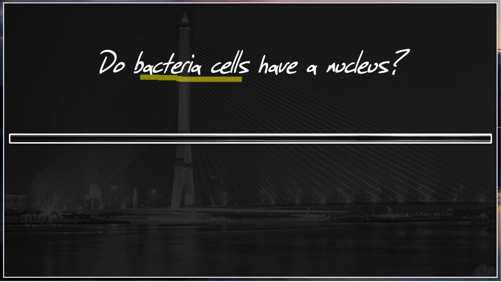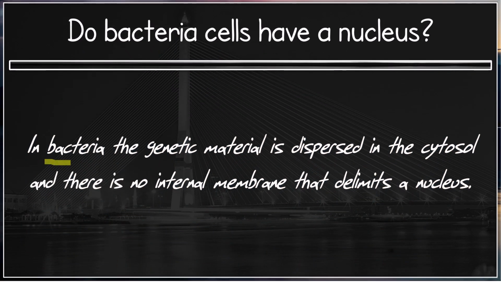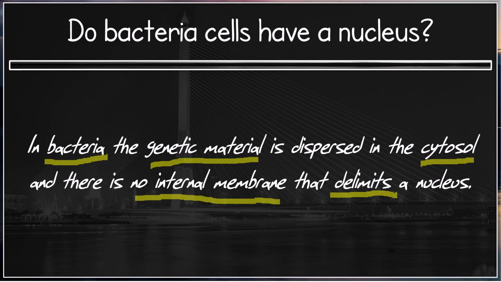Do bacteria cells have a nucleus? In bacteria, the genetic material is dispersed in the cytosol, and there is no internal membrane that delimits a nucleus.